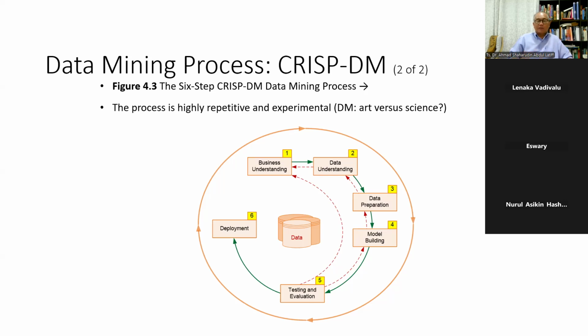When testing and evaluating the model, we tie it back with the business understanding, to make sure that the model we built and tested is in line and synchronized with the business processes. Only then would you deploy. In the middle there is the data warehouse. So this is a data mining process.